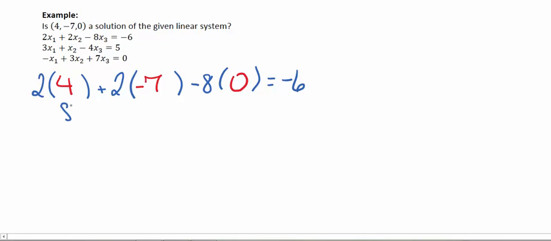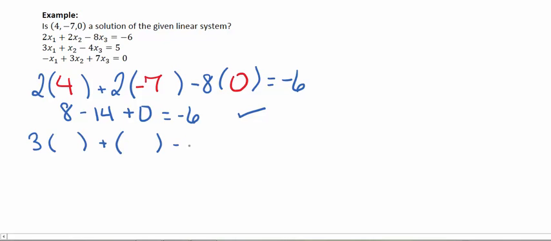Well, this is 8 minus 14 plus 0 equal to -6. And we can see that yes, that is true. However, that's not enough to determine if this is a solution. We need this to work in all 3 equations. So 3x1 plus x2 minus 4x3 is equal to 5.